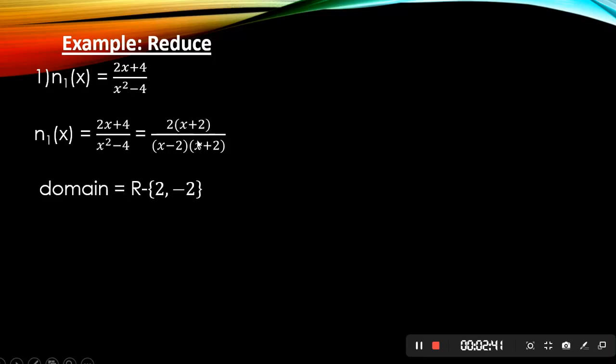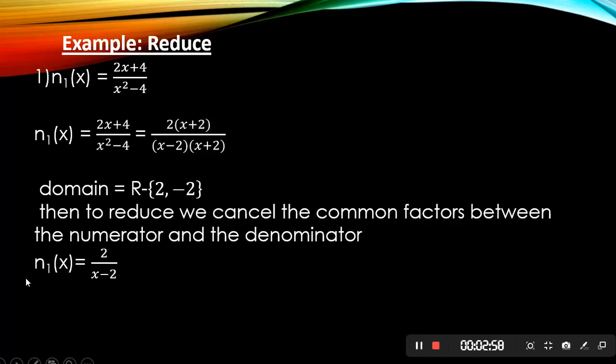And the last step, I will cancel the common factors between the numerator and the denominator, which is x plus 2 and x plus 2. Cancel x plus 2 with x plus 2, and n1 of x will be 2 over x minus 2. This is the simplest form for the fraction.